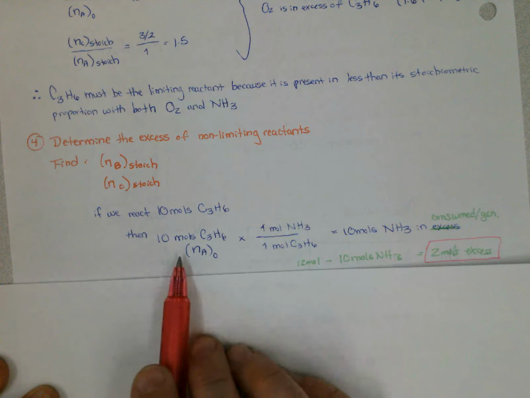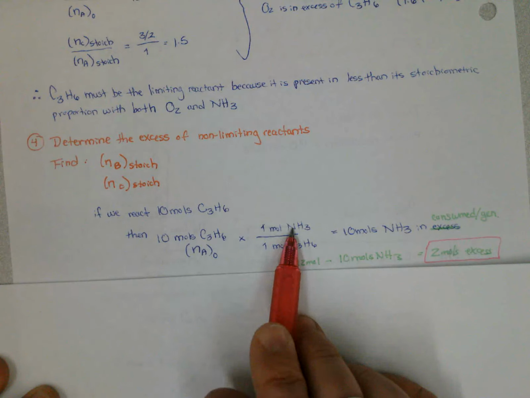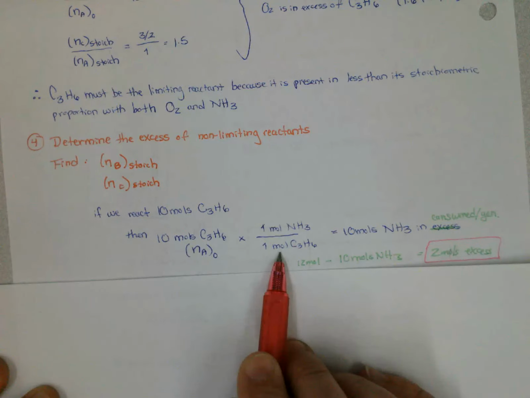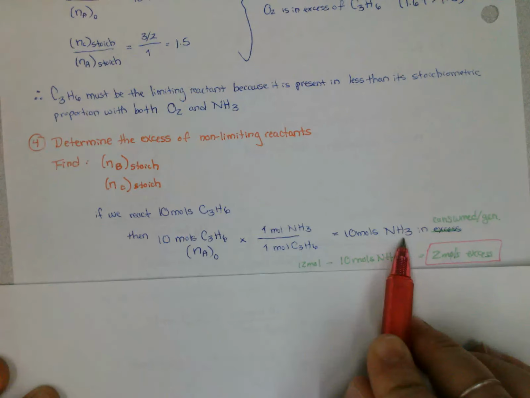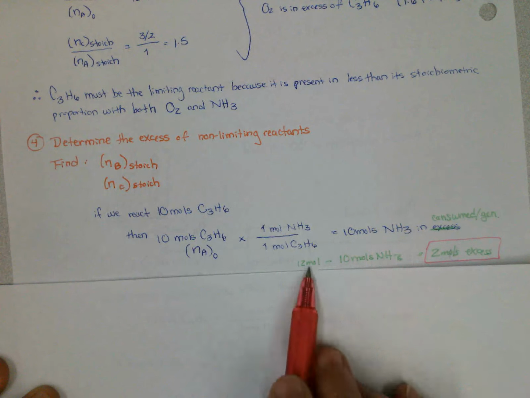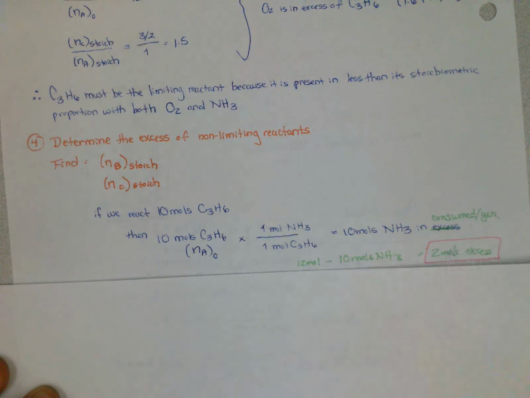So here's what happened. For every 10 moles of C3H6 we react, we have 1 mole of ammonia consumed per 1 mole of propylene consumed, which means 10 moles of NH3 were consumed. Then if we started with 12, subtract what was consumed, 2 in excess. That's where that comes from.